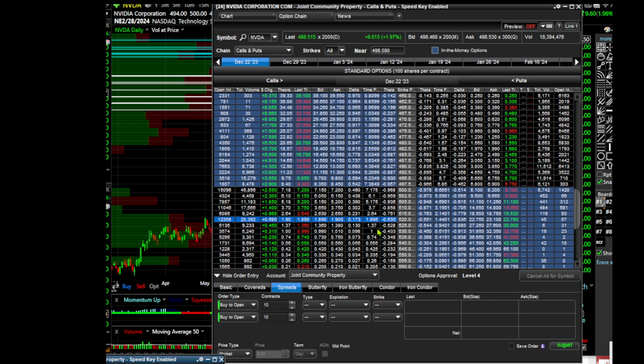So that's why I buy deep in the money stuff on longer term plays. And even on this one, like if you're like, hey, I think Nvidia is going to break over 500. Well, if you really think it's going to go to 520, why not buy the 500? Well, the reason is because you're risking $7.25 versus $2. All right?